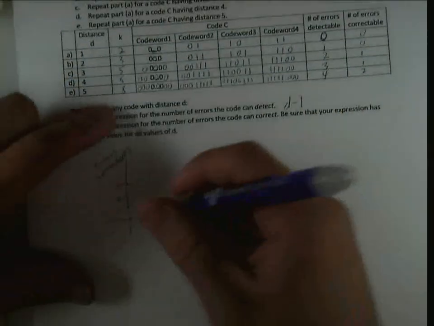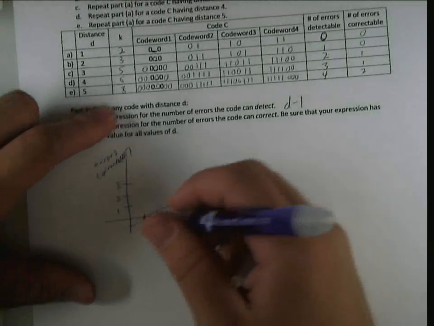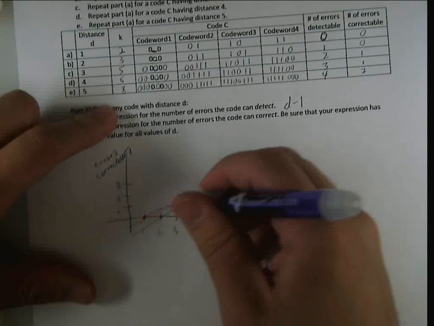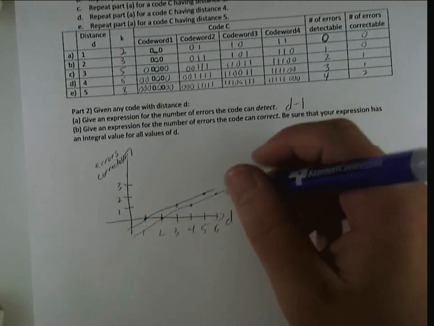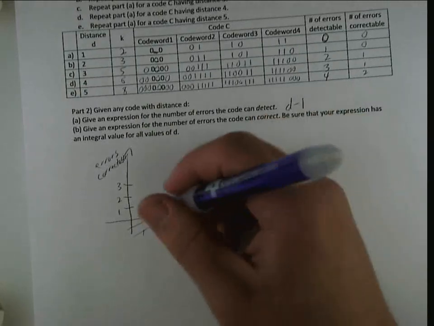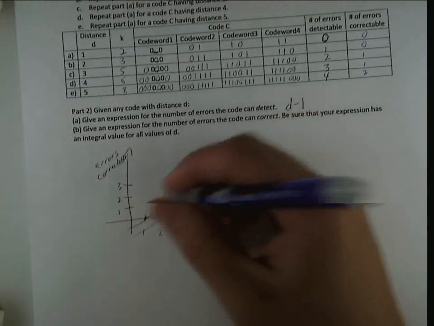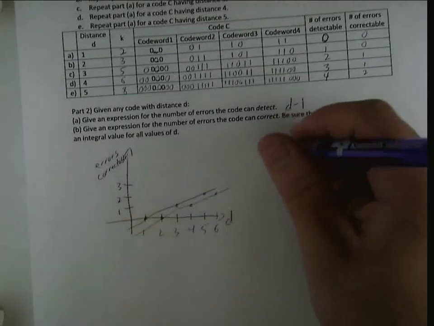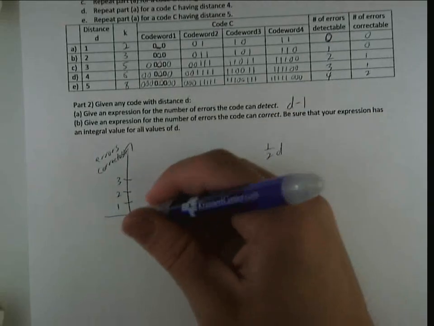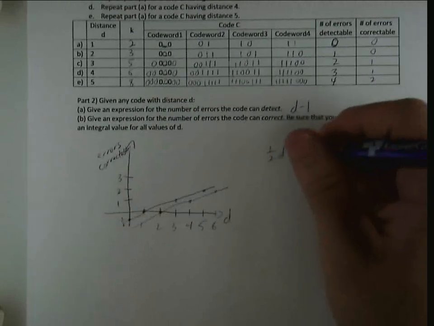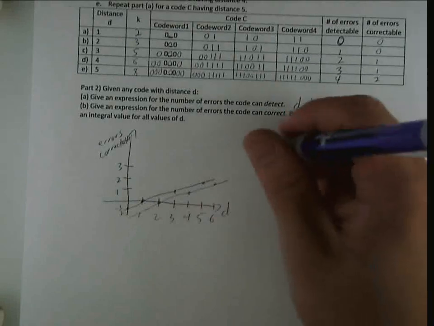So we find here, essentially we have a function with slope 1/2, and we have another line also with slope 1/2. So if I try to graph this line, it's going to have 1/2 d, and then this intercept is going to be negative 1/2. So d/2 minus 1/2 is this line here.